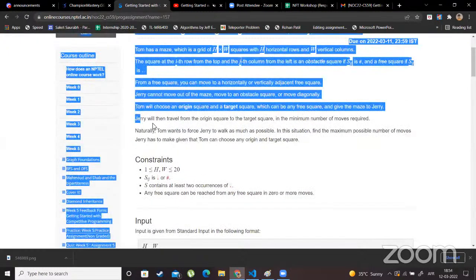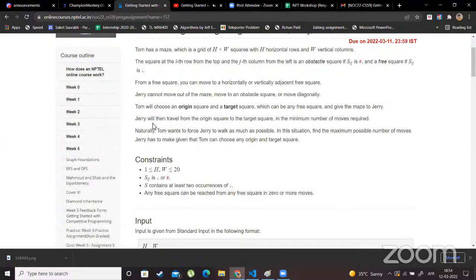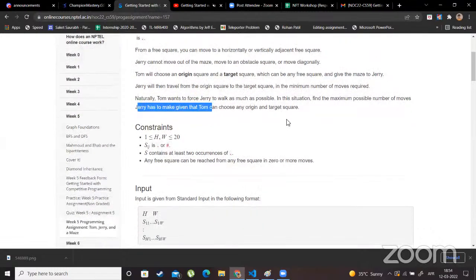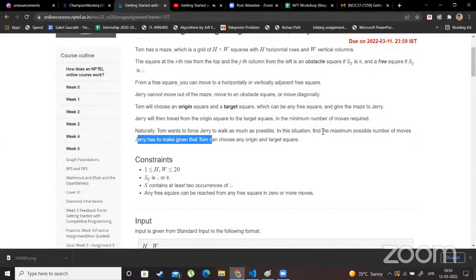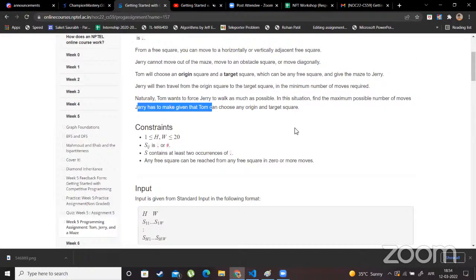Jerry is only allowed to travel vertically and horizontally, but he cannot travel into an obstacle square. So we have to find the maximum possible number of moves Jerry has to make, where Tom can choose any origin and target square. So basically we have to find the maximum number of moves possible. I hope the question is clear to all of you.